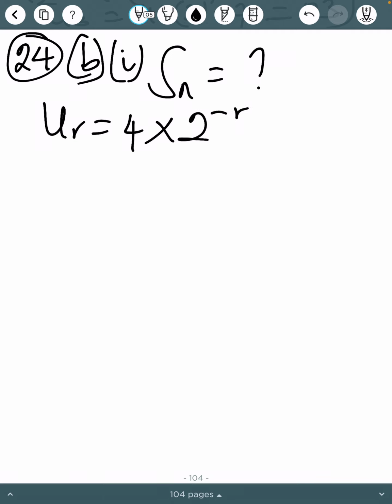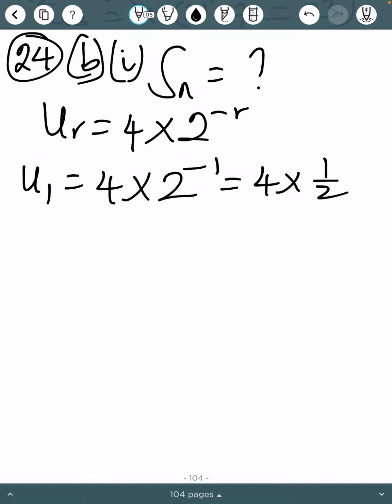Now this is a very simple question. If ur is 4 times 2 raised to the power minus r, it means u1 will be what? It means u1 will be 4 times 2 raised to the power minus 1. That will give us 4 times 1 over 2, and that will give us 2.